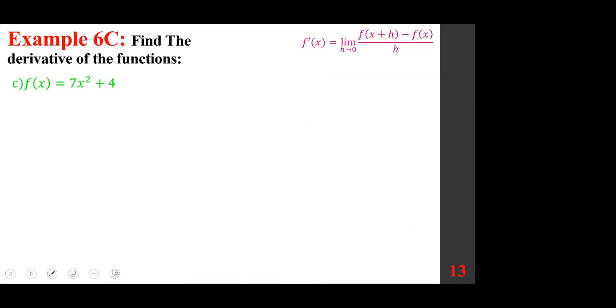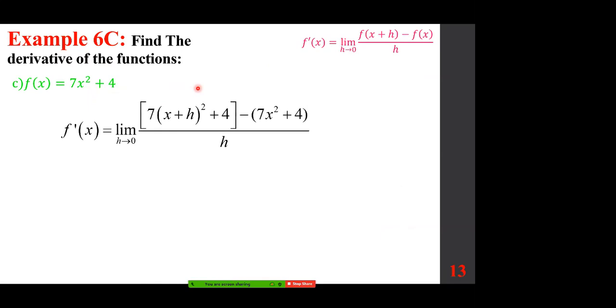Let's practice more. We are going to put it into this definition. The limit as h goes to 0, f of x plus h, that means 7 times x plus h squared plus 4 minus f of x minus this expression, over h.